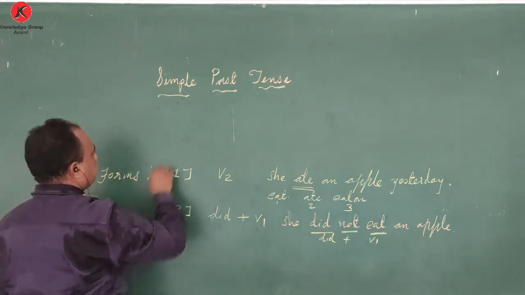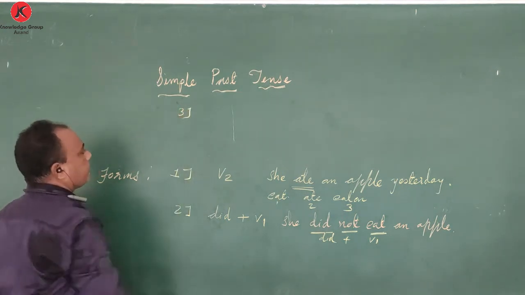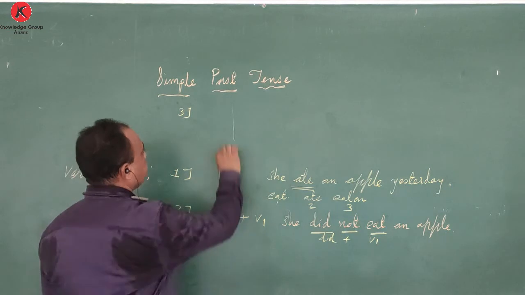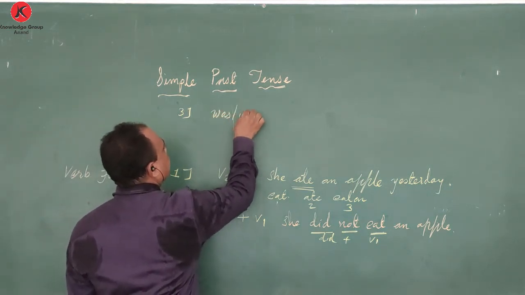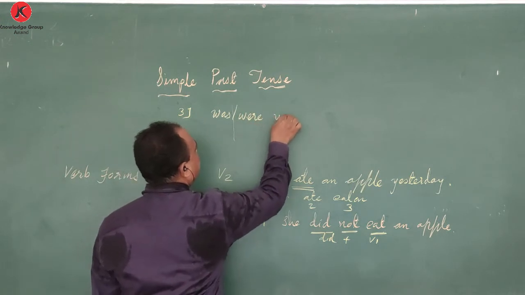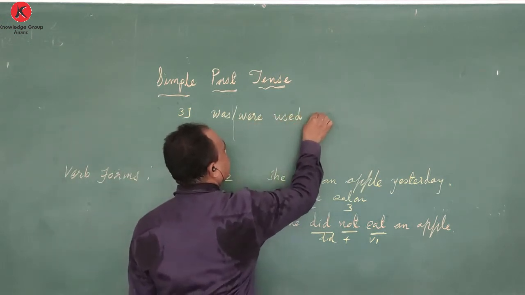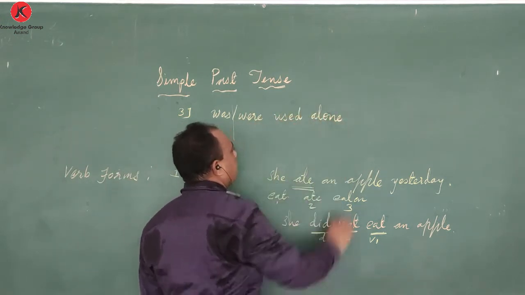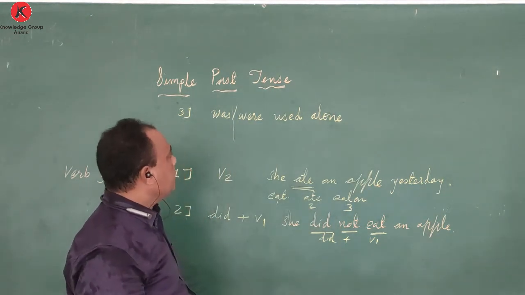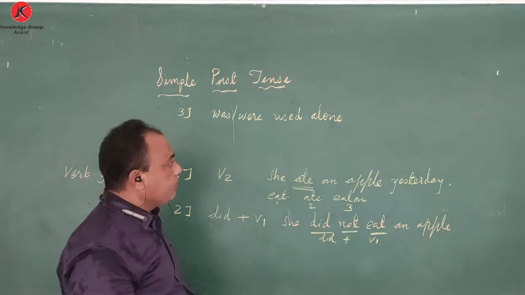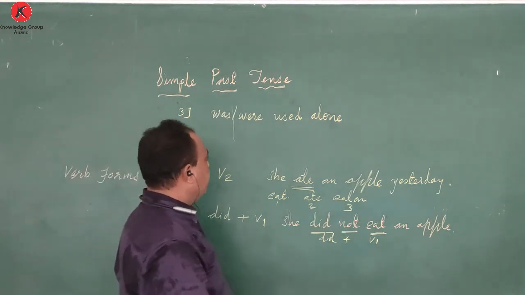Third is also there. Third is was and were used alone as a verb; then it indicates simple past tense.